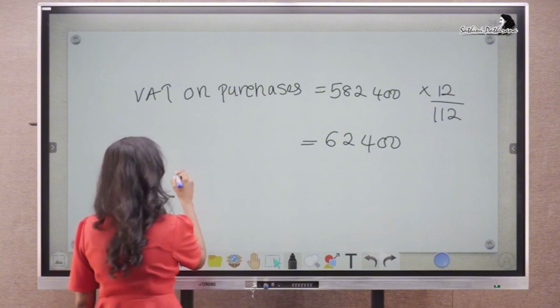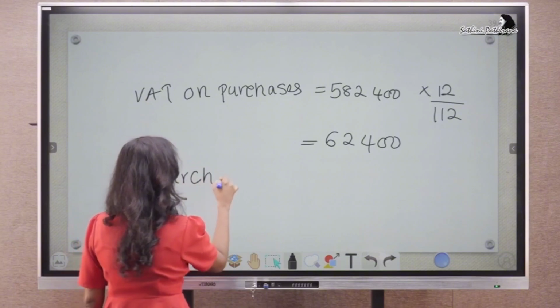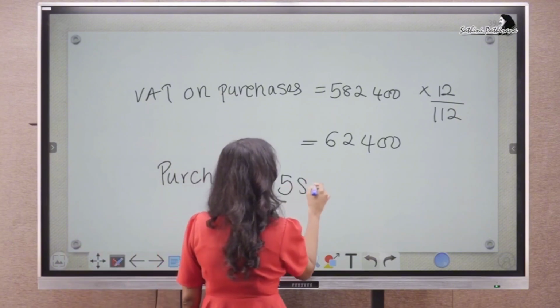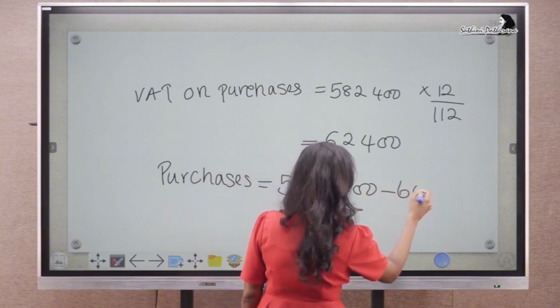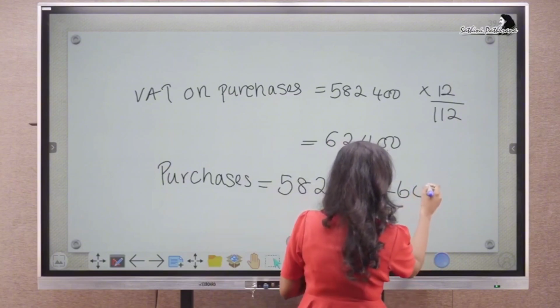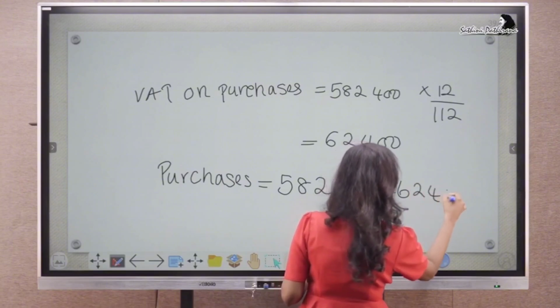Then let's write like this. Let's calculate the purchases figure also. According to this, our purchases figure is 582,400 minus 62,400.